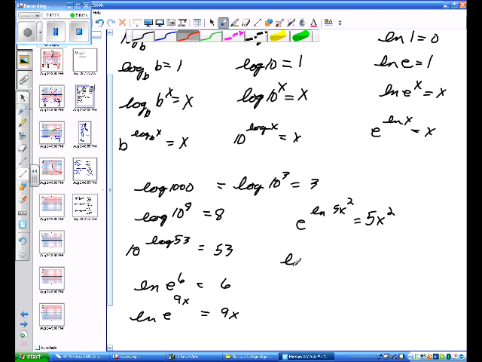And the natural log of 1 over e to the 7. Okay, that's the same as the natural log of e to the negative 7. So it equals negative 7. So by using those properties, you can go through and evaluate a good many things.